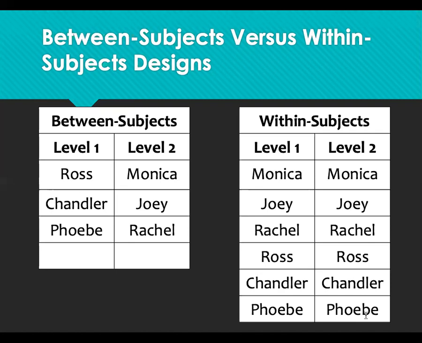So with one level of your independent variable, you might have Ross, Chandler, and Phoebe. With another level, you'll have Monica, Joey, and Rachel, right? What we're talking about today are paired samples t-tests or within subjects designs. For those, you're going to have the same participants and you're going to measure them on the dependent variable more than once. So in this case, Monica, Joey, Rachel, Ross, Chandler, and Phoebe are all going to be measured 2 different times.